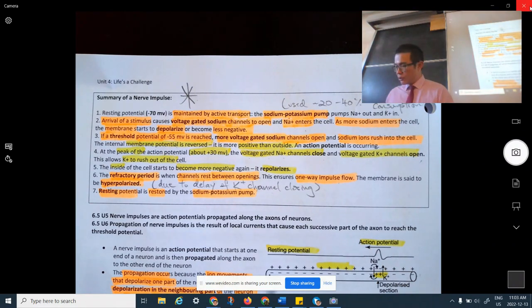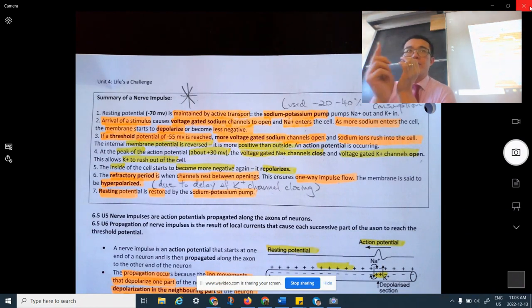Now, before moving on to talking about propagation of the nerve impulse, how many of you have played with fireworks before? Okay. So you can remember when you're playing with fireworks, you're lighting that fuse.